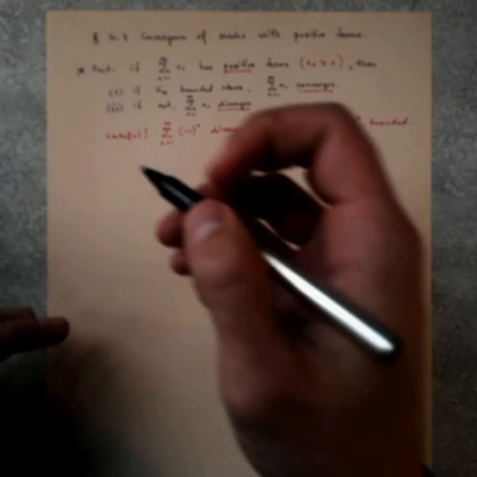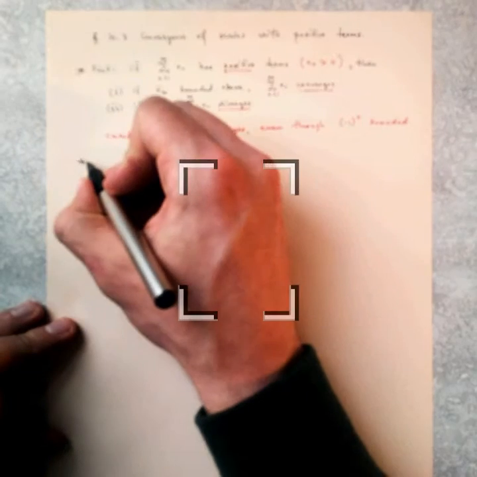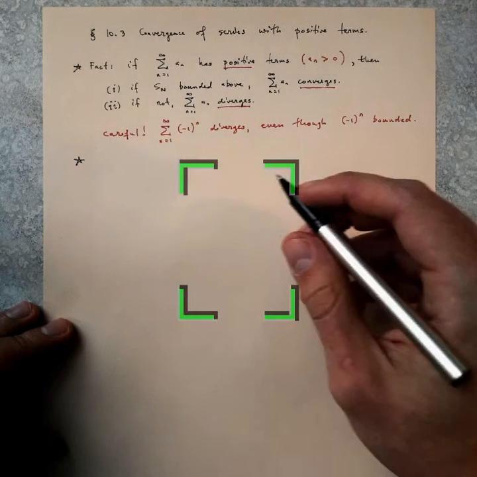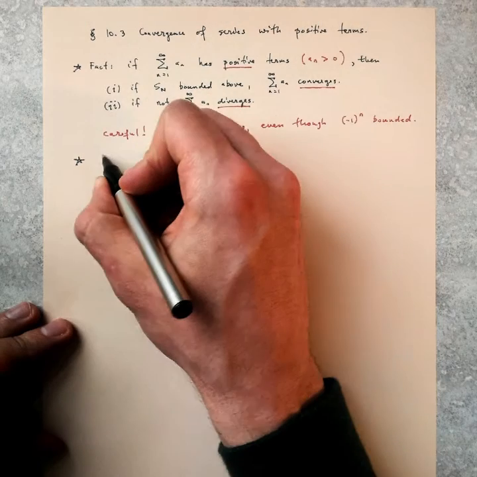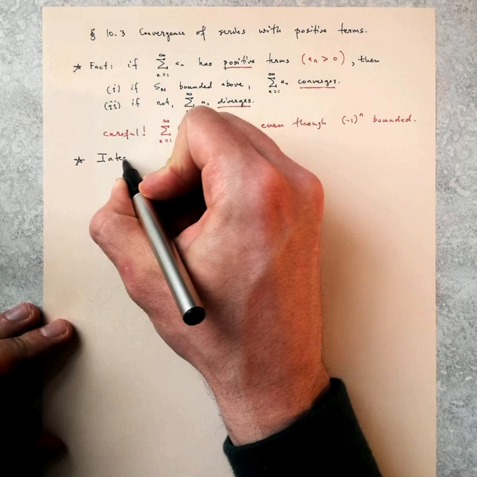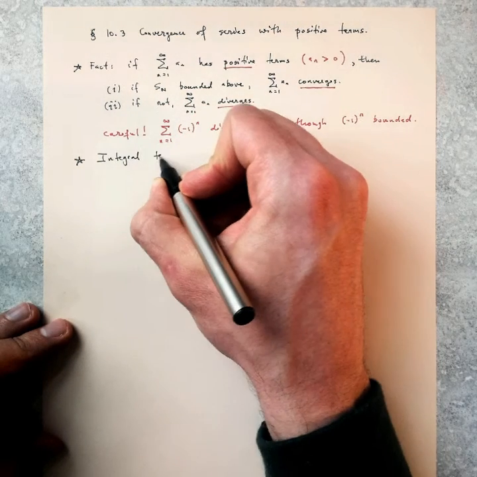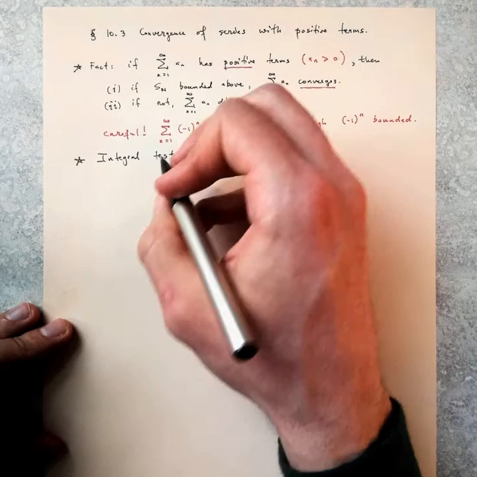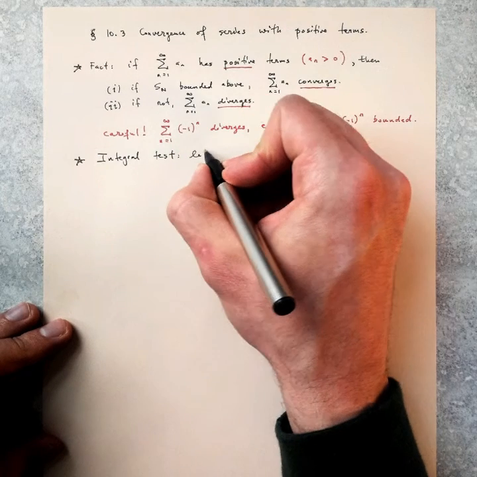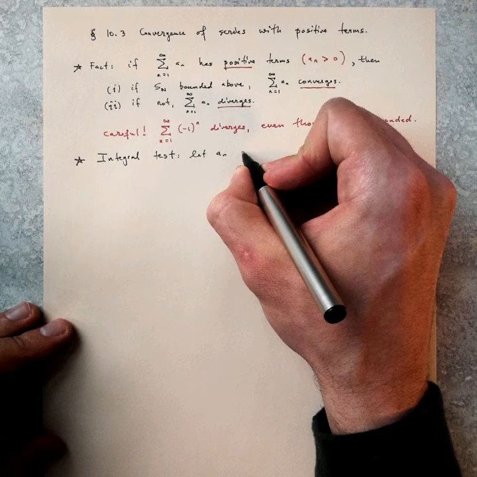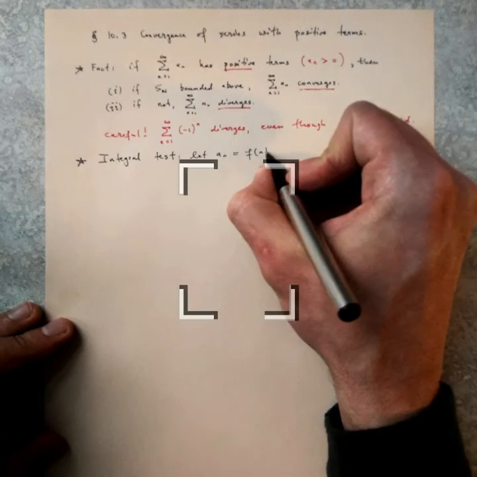Okay, next we're going to have maybe the most useful way to tell if a sum converges or diverges. It's called the integral test. So suppose that my sequence is defined by a function.